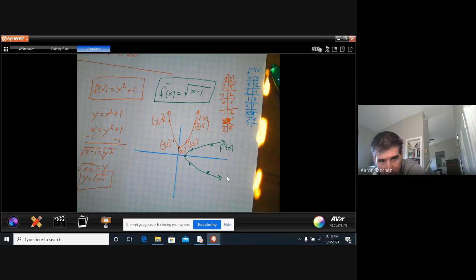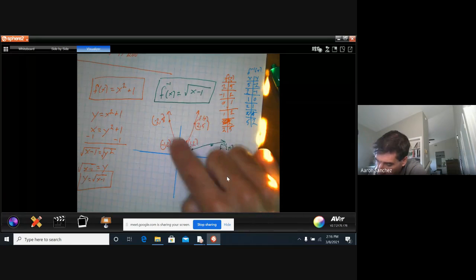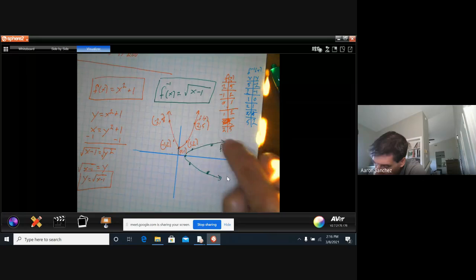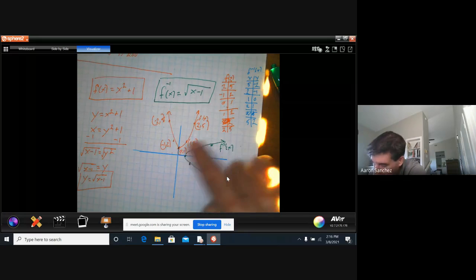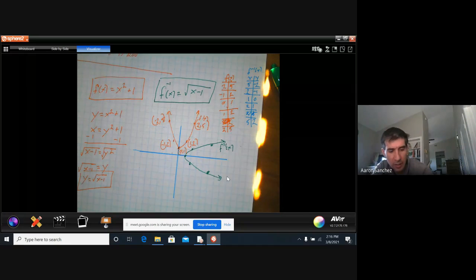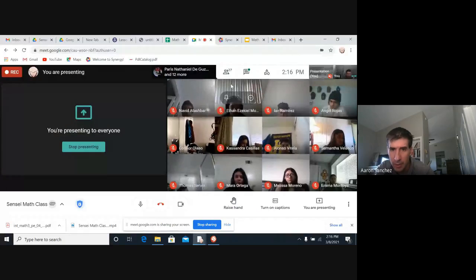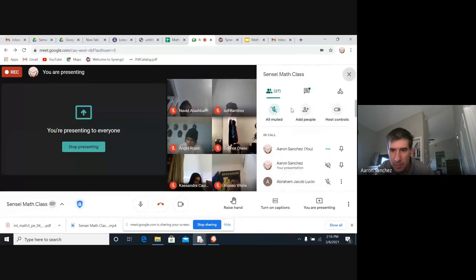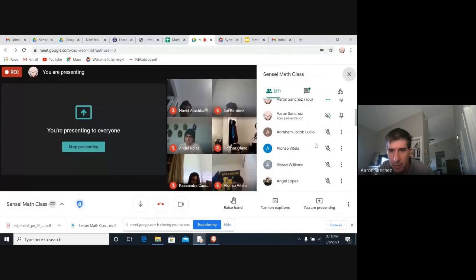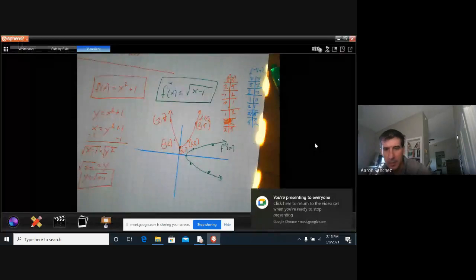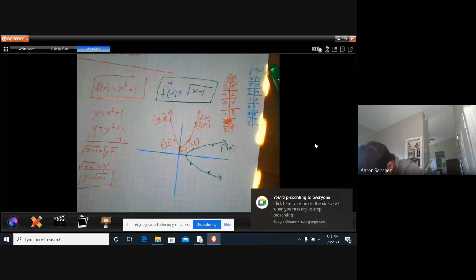Number four, this is a function. Is the inverse of f of x a function? Let's go with Abraham. Is it a function, the green?